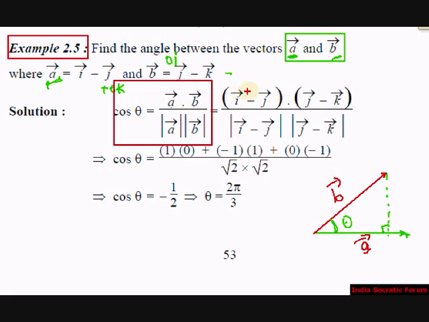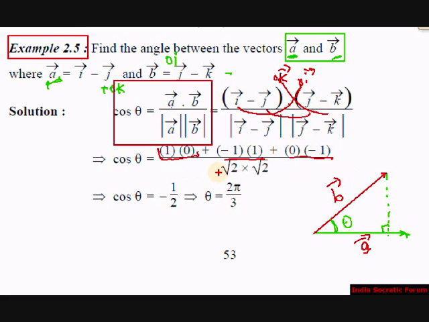We have to remember here is 0k and the k is 0, but here i is 0. Okay, this is what we have to remember. So this into 0 is 0, and this into minus 1 into 1 is minus 1, and same way 0 into minus 1 is 0.